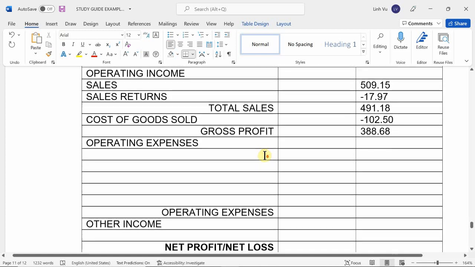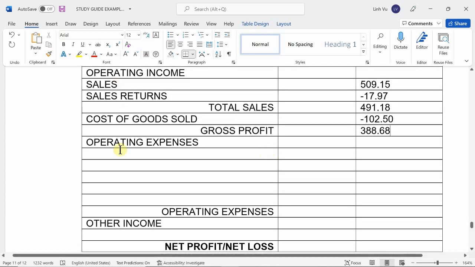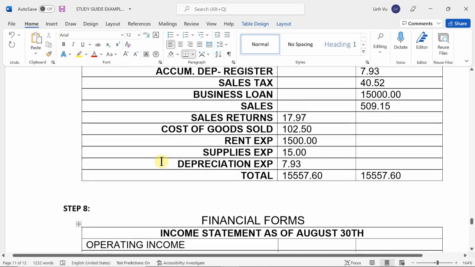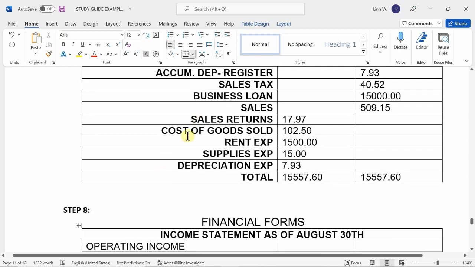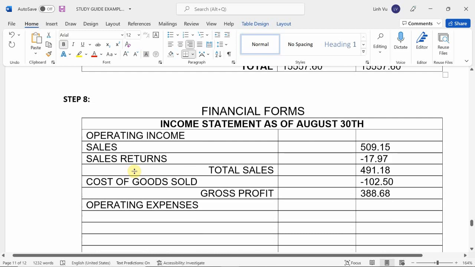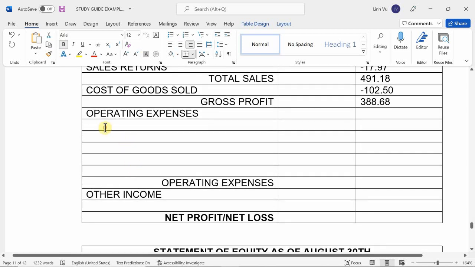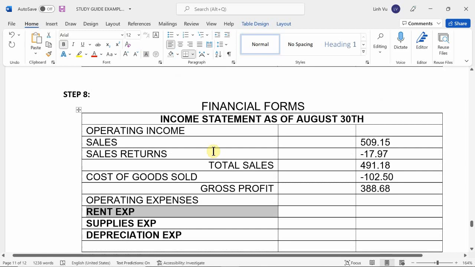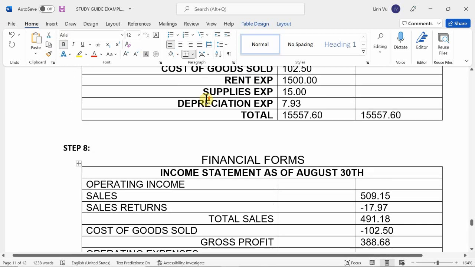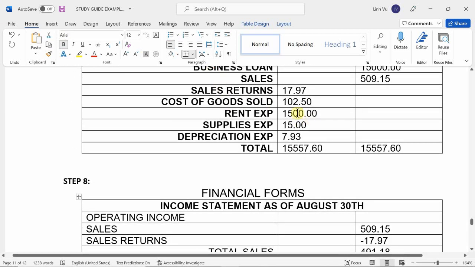Then you're going to have to list out all of your operating expenses to get your grand total here. In this case, you only had rent, supplies, and depreciation. So I can copy all of this. Cost of goods sold, right? My expenses were rent, supplies expense, and depreciation expense for these grand totals here.